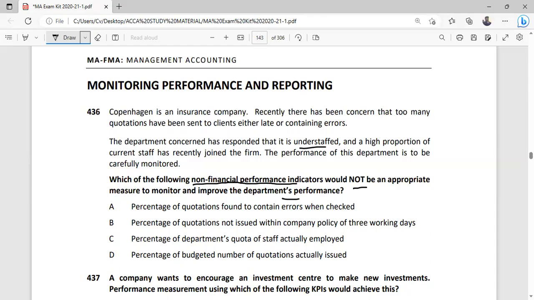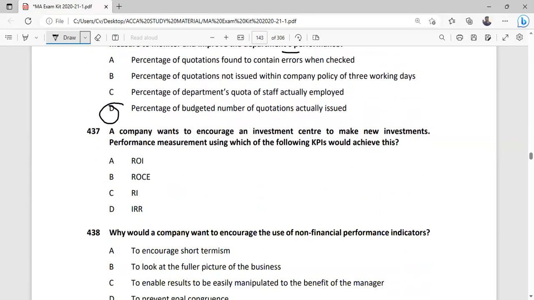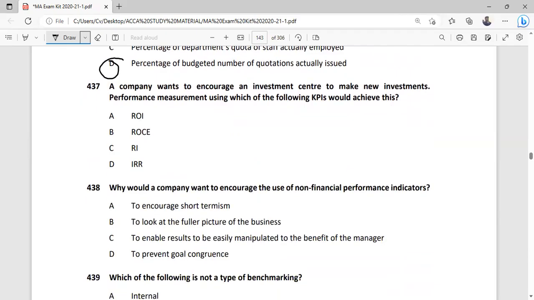Department performance is related to the staff, and this last one focuses on the percentage of budgeted number of quotations actually issued, so this one is not an appropriate measure. The rest of the three are appropriate measures given the nature of the activity and the nature of the business.